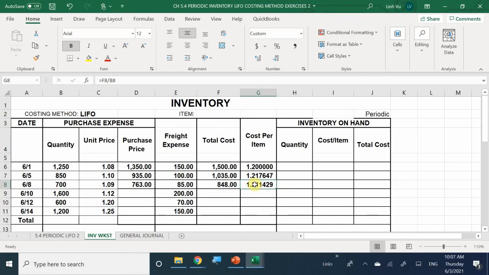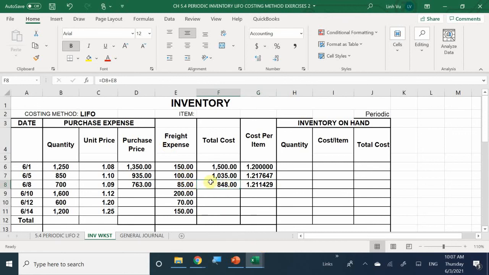But now let's talk about how to solve for the cost per item. Do you know what the formula is? No, I don't. Okay. In this case, the formula is your total cost.